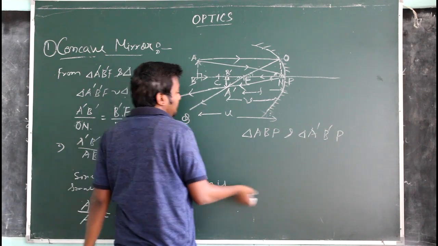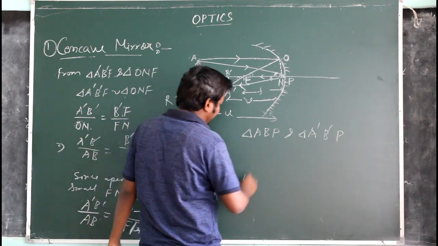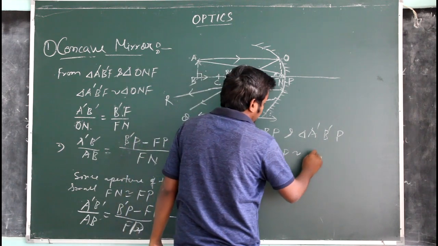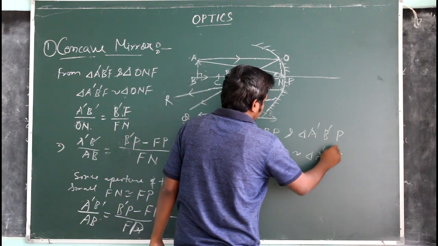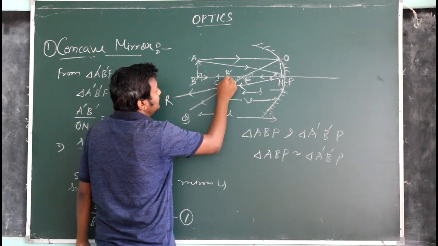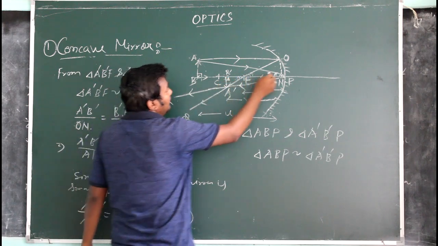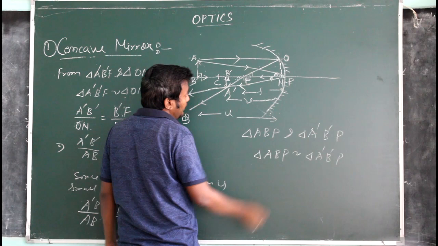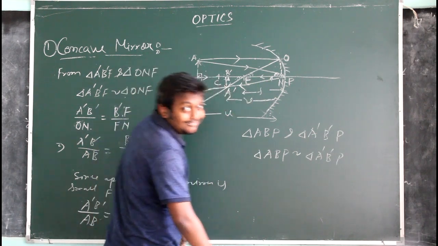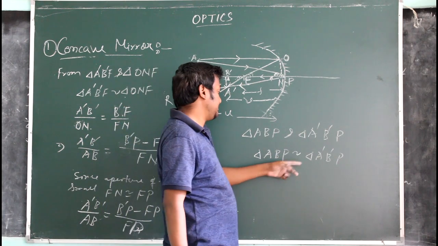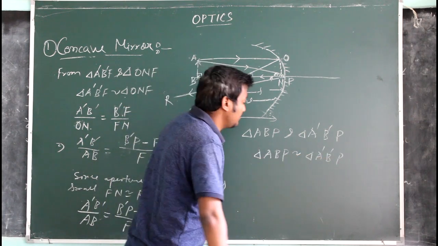So triangle ABP is similar to triangle A'B'P.